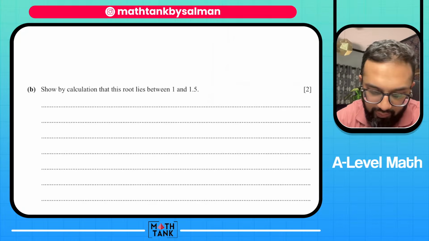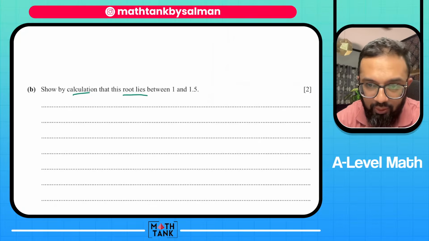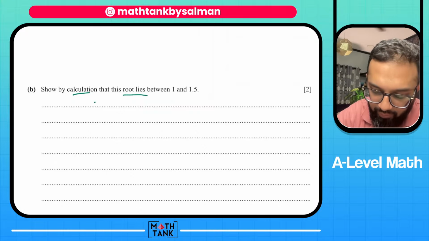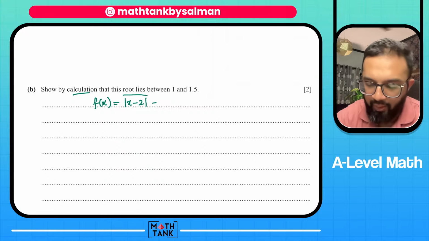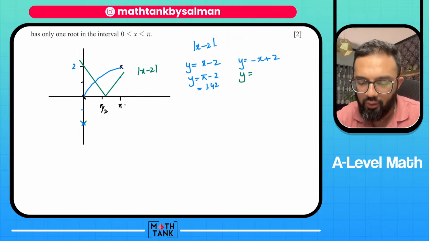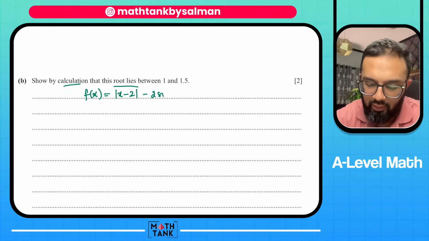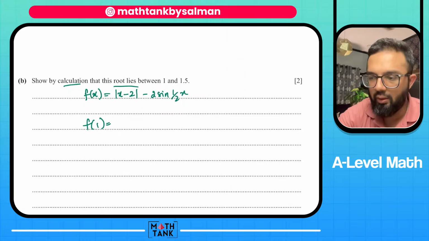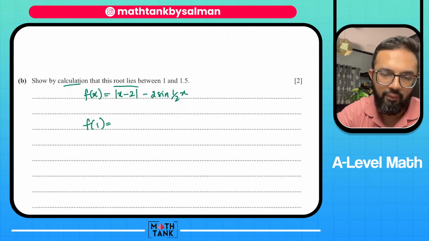With question number 6, it says, show by calculation that this root lies between 1 and 1.5. So you bring everything to one side and you create a function first, and you say modulus of x minus 2 minus 2 sine half x. Then you plug in f of 1.